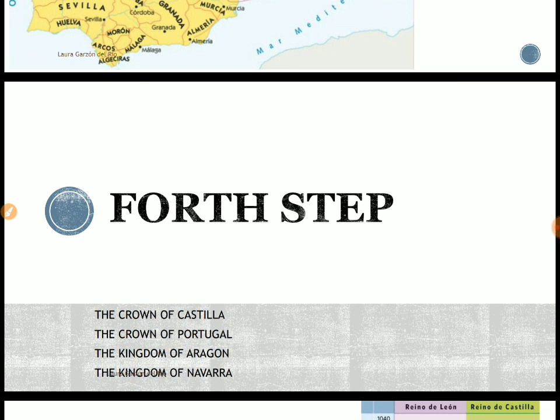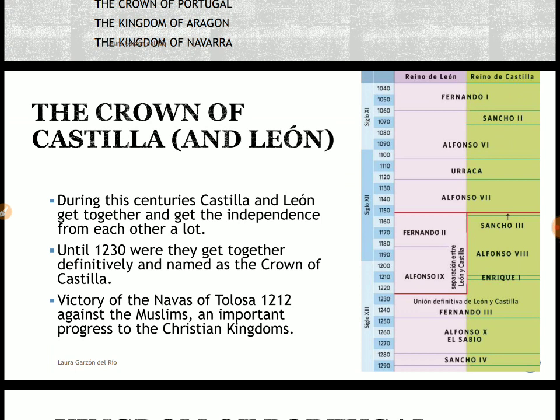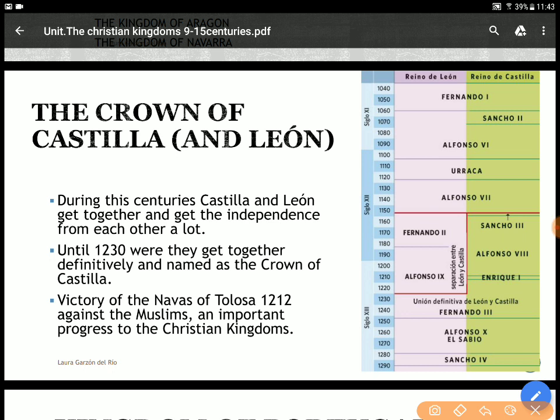Fourth step: we have the big crown of Castilla, the crown of Portugal, the Kingdom of Navarra, and the Kingdom of Aragon. What happened with the crown of Castilla and León? You have here a timeline from the 11th century, since Fernando I, and you can see across the different dates how the Kingdom of León and the Kingdom of Castilla are together or split in two.